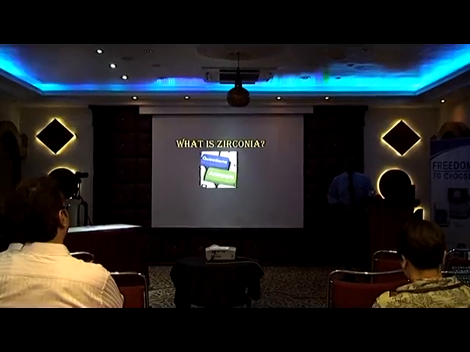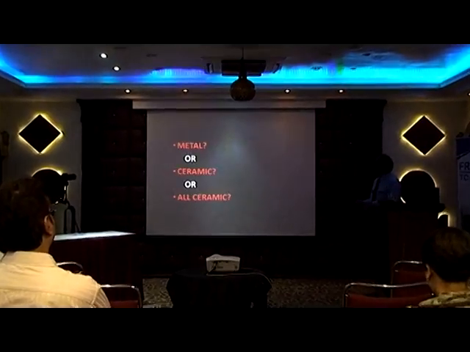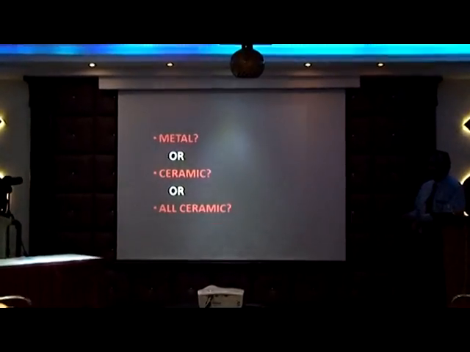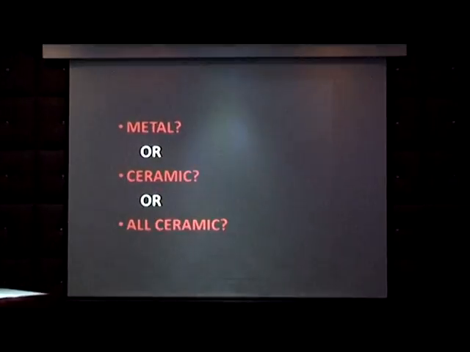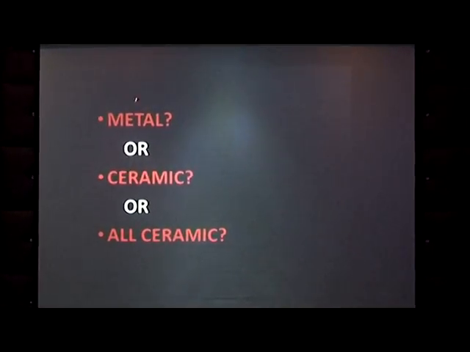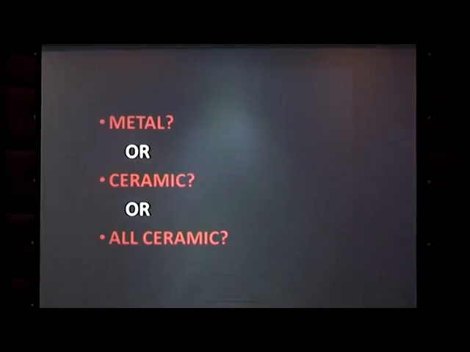Just briefly, what is zirconia? Is it a metal? Is it a ceramic? Is it an all ceramic? And actually, it's all three. Because of its use as a ceramic and because of its color, it's become all ceramic.